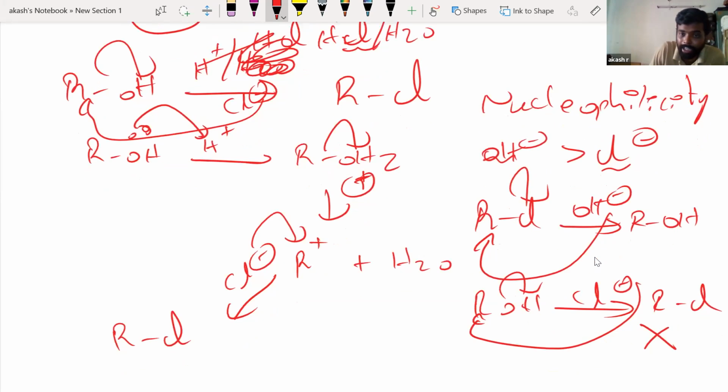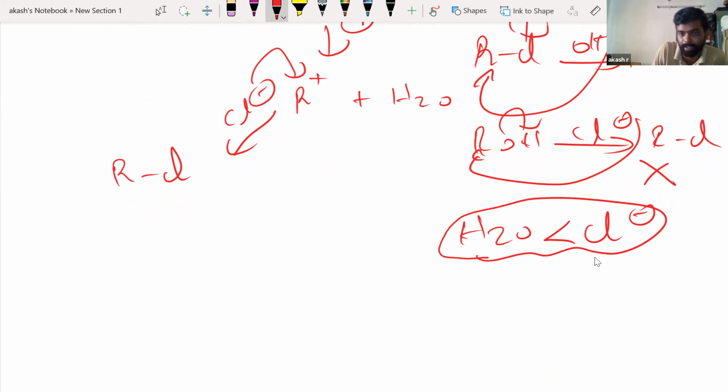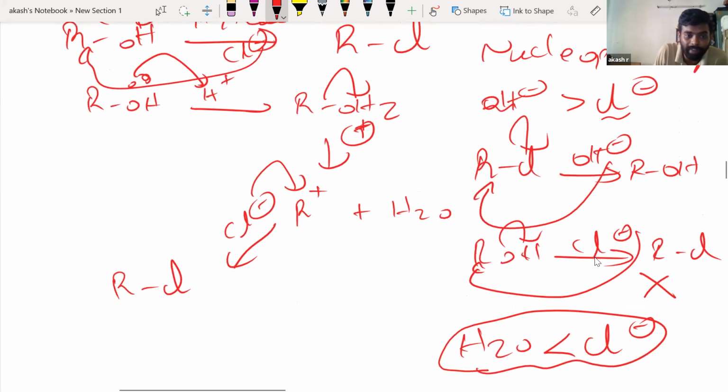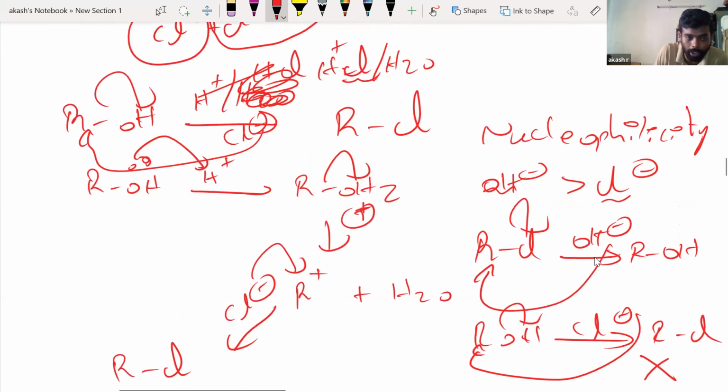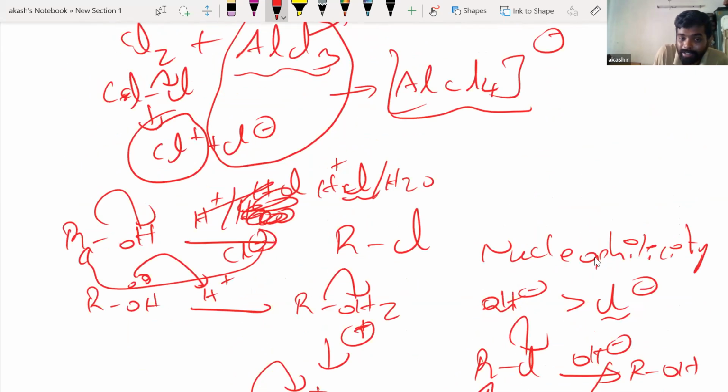But if I compare the nucleophilicity of water and Cl minus, Cl minus becomes a better nucleophile. That's exactly what we are doing here. First H plus attacks; I mean, the lone pair attacks the H plus. I am having OH2 plus. Now this becomes a weaker nucleophile than Cl minus.